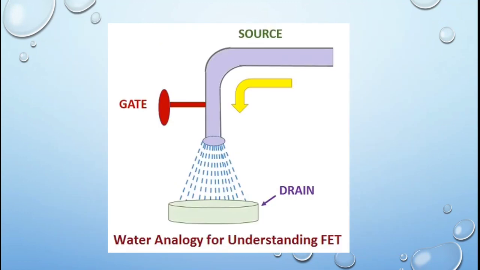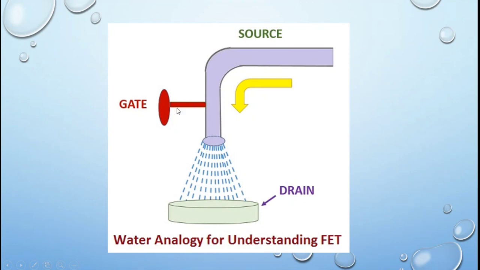Now, for understanding, we compare the field effect transistor to a water tap. Here the source is the water, which comes through the source point.